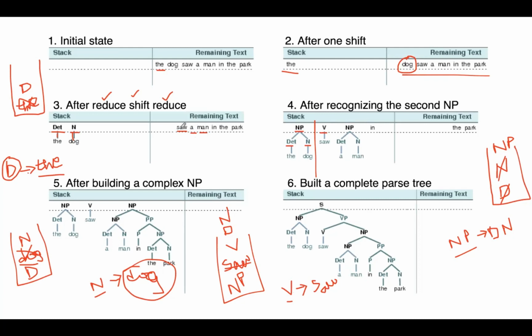During the reduce operation, we replace a with D. Similarly, first push man onto the stack, and after performing reduce, you replace that man with noun. Now again we have determiner and noun, so you can reduce those two tags to noun phrase.